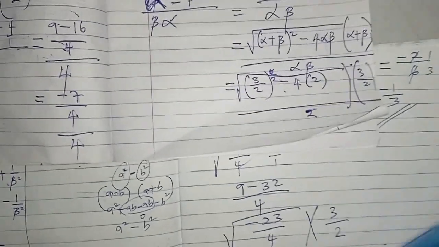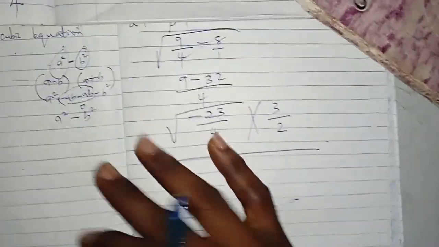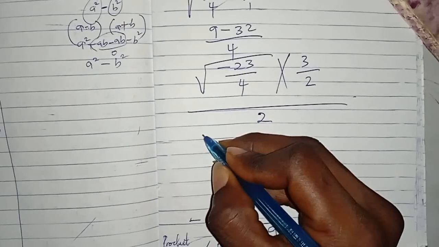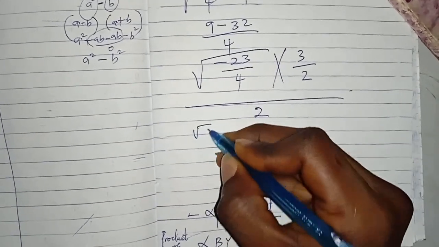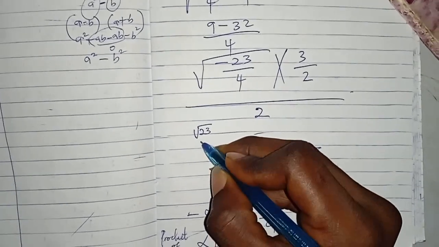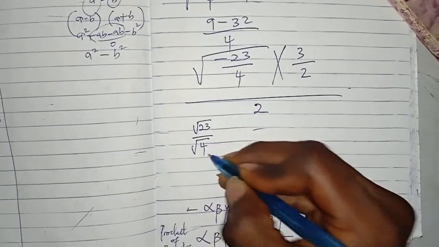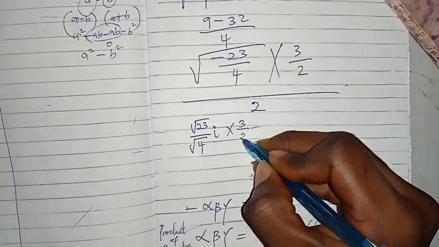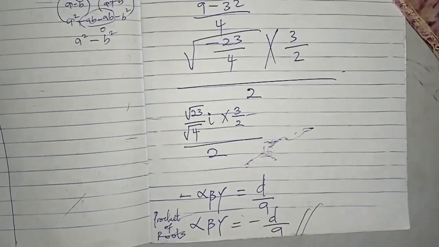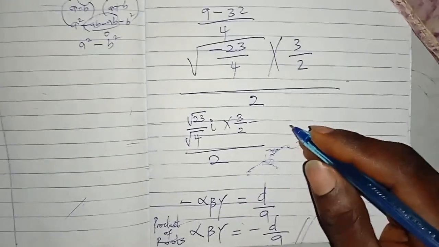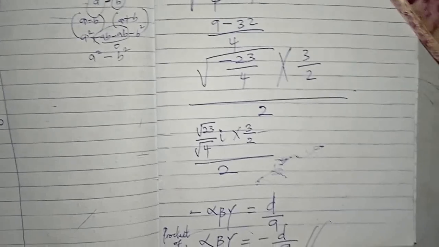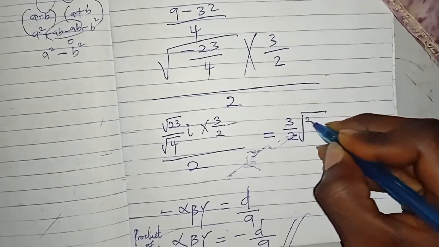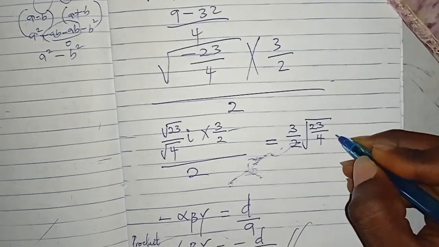Okay, so that means that I'm simply left with this, because this is a negative value, so I will simply leave it as root 23 over root 4i, then times 3 over 2 over 2, which gives me 3 over 2 root 23 over 4i.